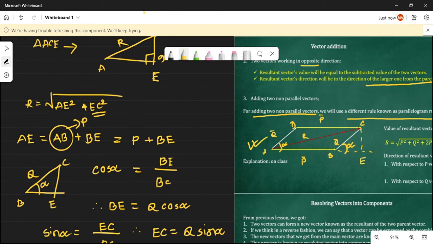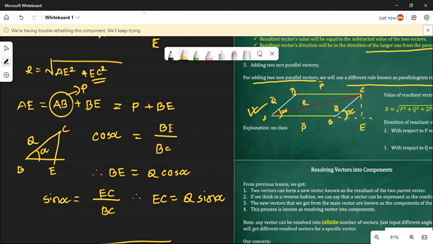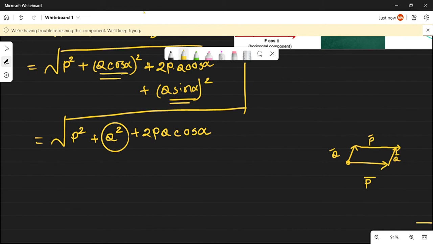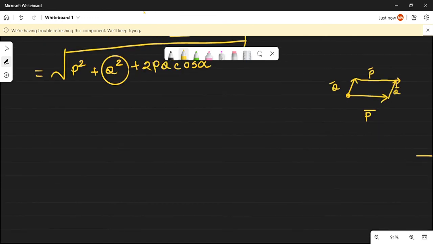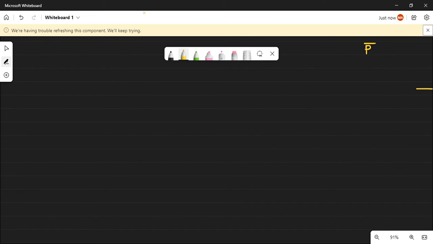Now we have to discuss some exceptional, special points for adding two vectors, like the thumb rules of vector addition. First, two vectors in the same direction.